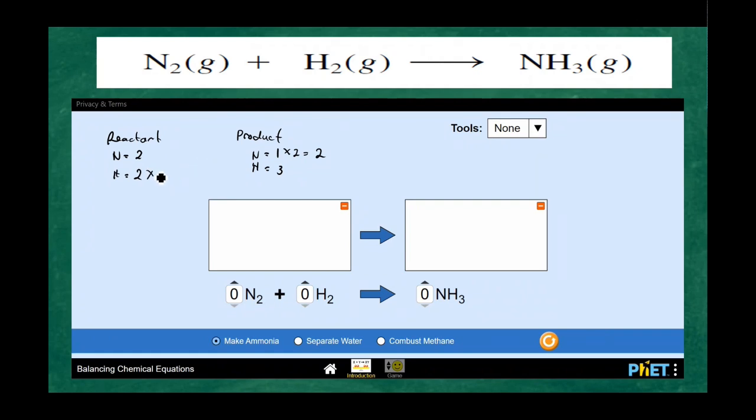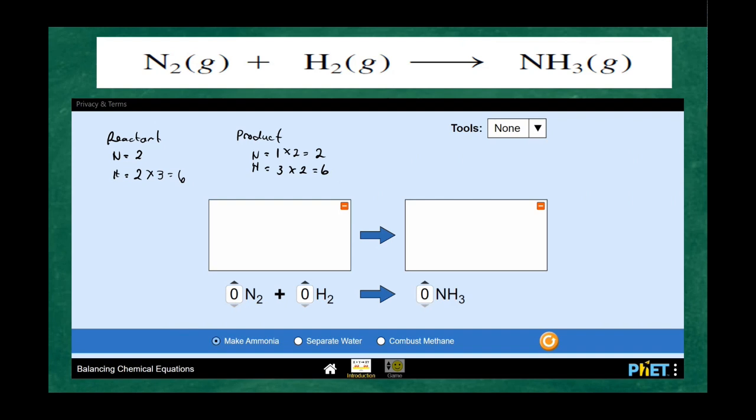So here we have 3. So always, class, think of the smallest possible product that you can get. 2 times 3, that will be 6. And then 3 times 2, that will be 6. So now it is equal.